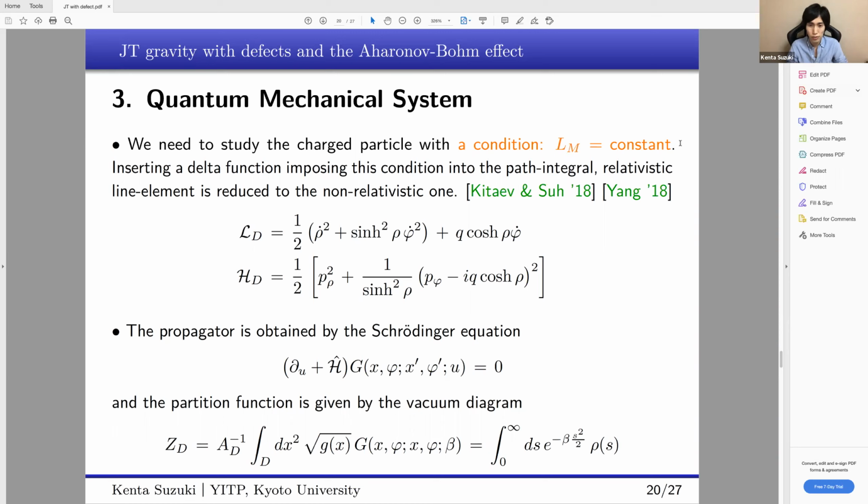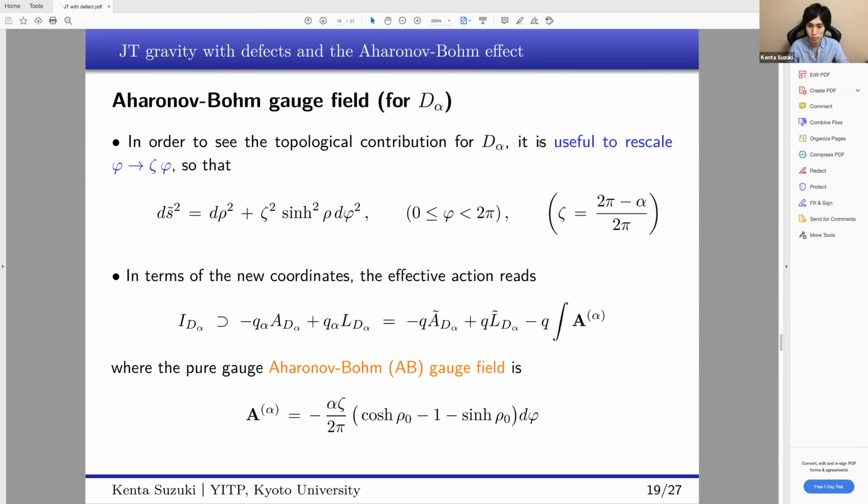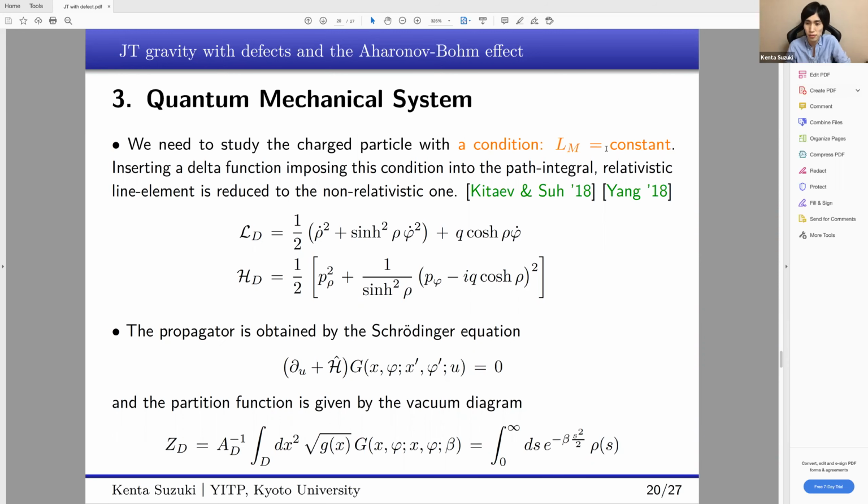So as before, we use the standard Dirichlet boundary condition, which is standard for AdS/CFT, which means that we need to fix this boundary circumference Lm to a constant.